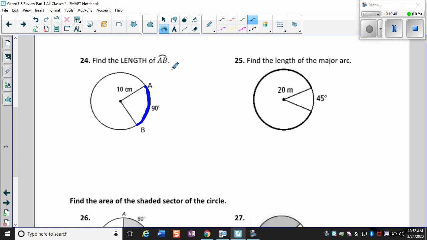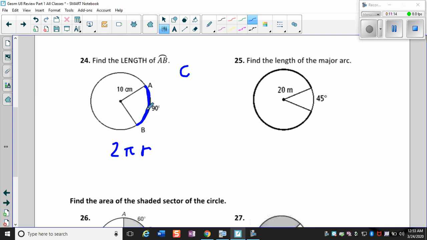So perimeter for circles is associated with the word circumference. So here I need to use the circumference formula. Remember, the circumference is 2 pi r, right? Now, 2 pi r, that's the circumference of a full circle.